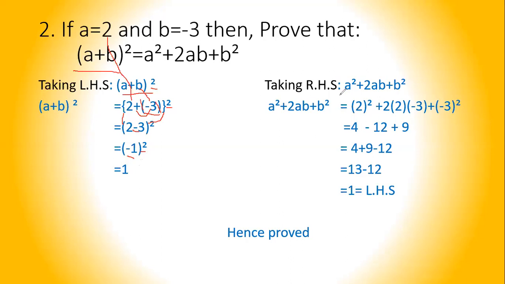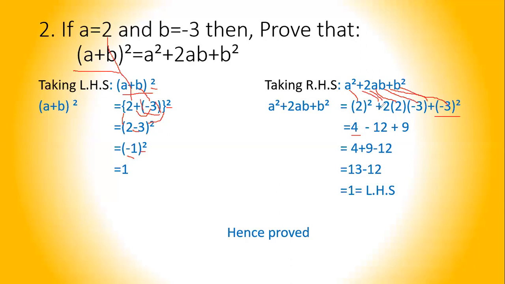Now, what about the right hand side? Right hand side is a square plus 2ab plus b square. First put the value of a, then plus copied as it is, then 2 from the question, a value 2 and b value minus 3, then plus from the question and b square means minus 3 whole square. Don't forget to put it in the small bracket. Now, in step number 2, 2 square means 4.